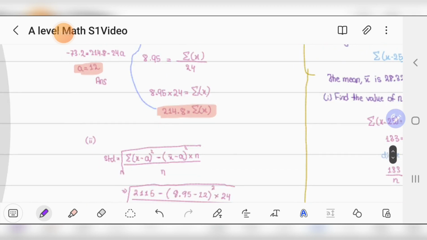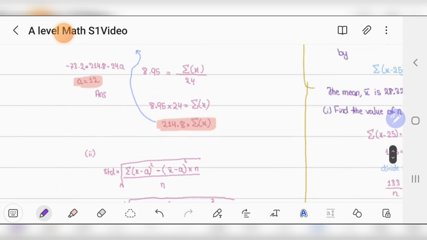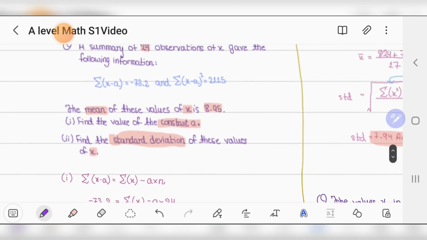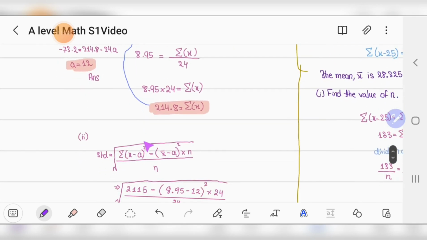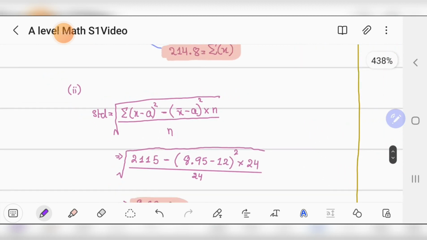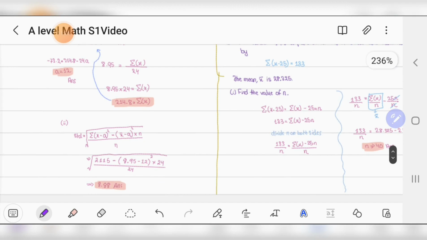Okay, so finding the standard deviation. Since we need to find the standard deviation of this, we all know that we have to do the square root, so we already got this, and we're just going to put it in here. Okay, this one is different. This is another formula.